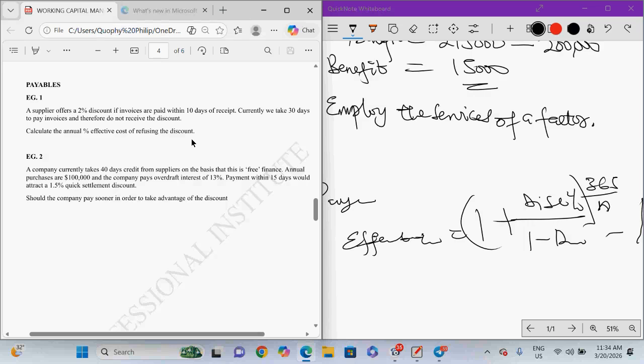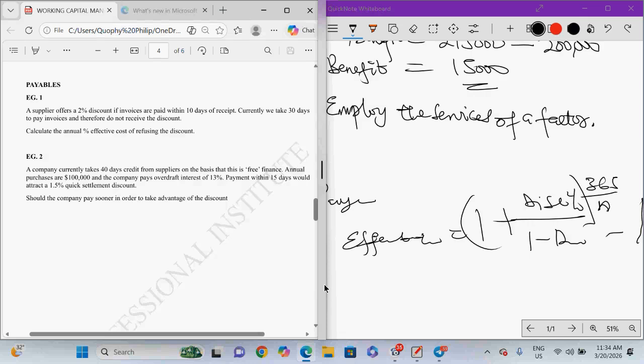The only thing we can say under payables is that payables is also a source of finance. Trade payables is a free source of finance, because with a trade payable you take goods from your suppliers, you take the inventory, and you do not pay for it instantly.